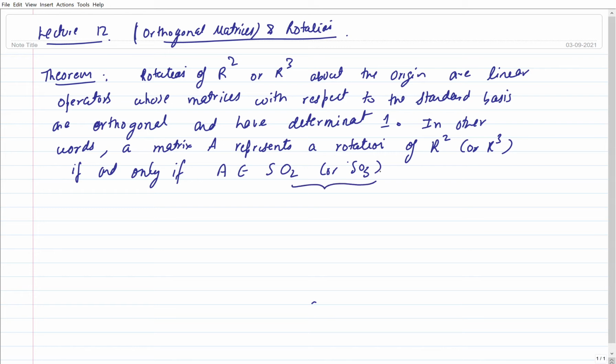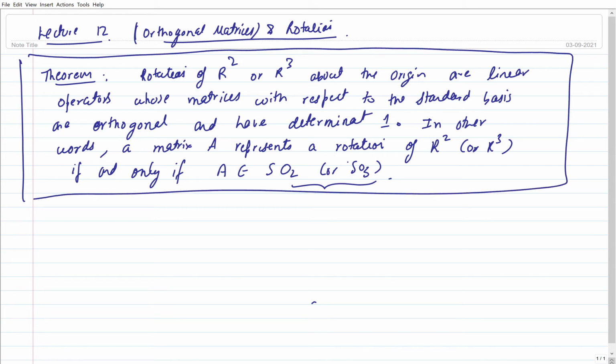So we are going to define all these terms, don't worry about it, but that is the punchline of this lecture. Right at the front, there is an intimate connection between rotations and orthogonal matrices.